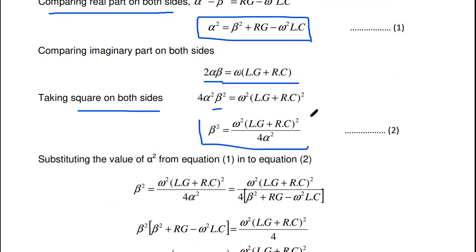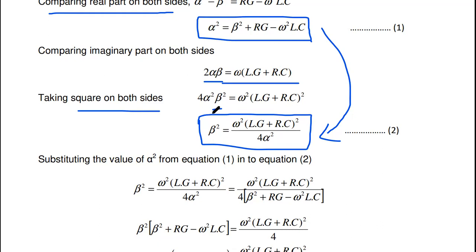Consider this beta squared in terms of alpha squared as equation number 2. The next step is to substitute the value of alpha squared in equation number 2. Here beta is in terms of alpha, and we already have alpha in terms of beta in another equation.